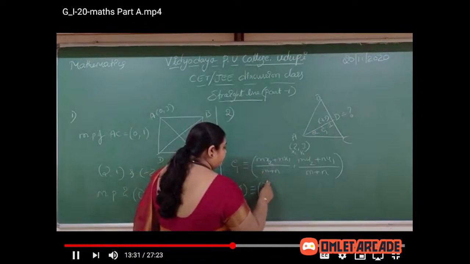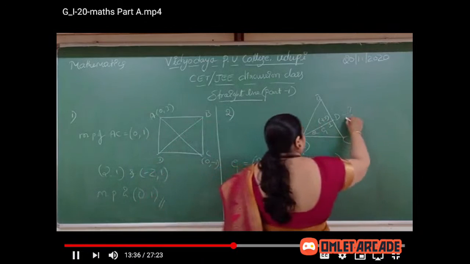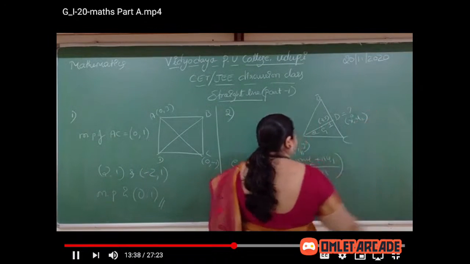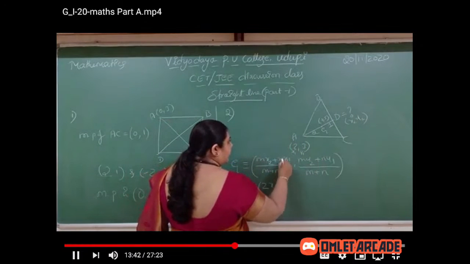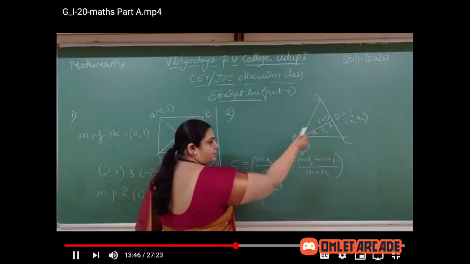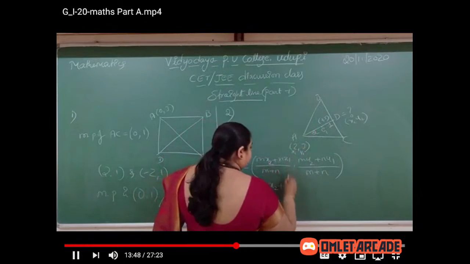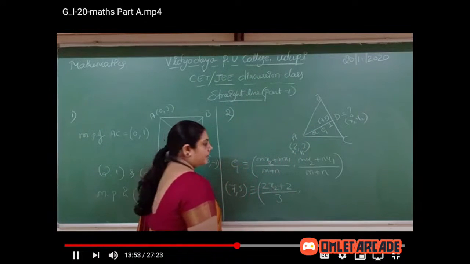2:1 ratio. mx2 is 2 into x2, 2x2 plus n is 1, because 2:1, right? M is 2, n is 1, into x1 which is 2, divided by 2 plus 1, 3.